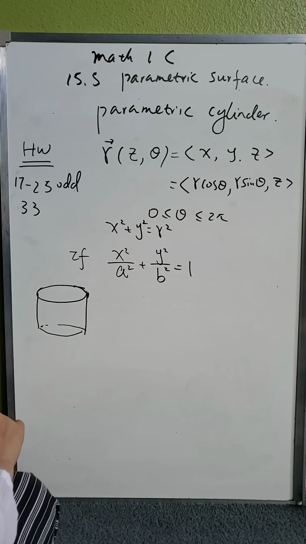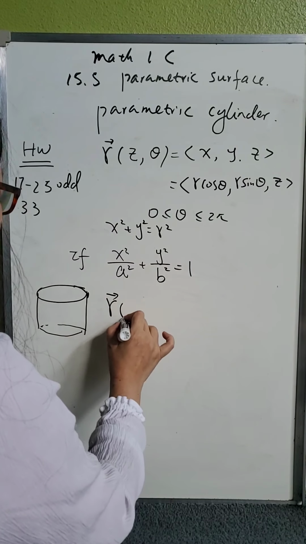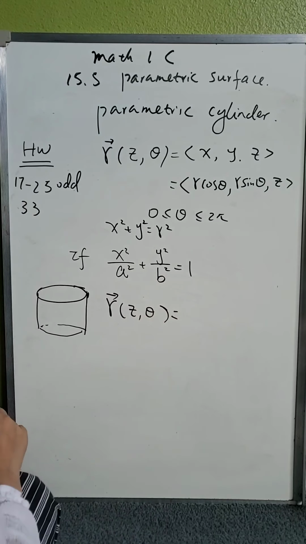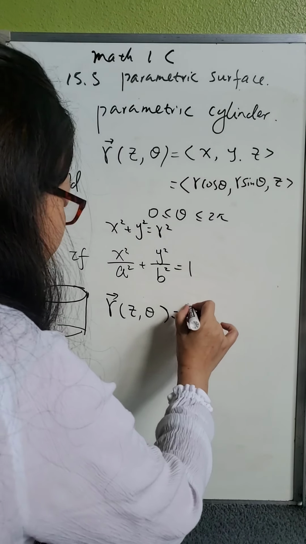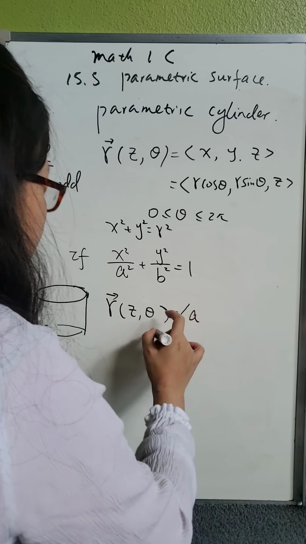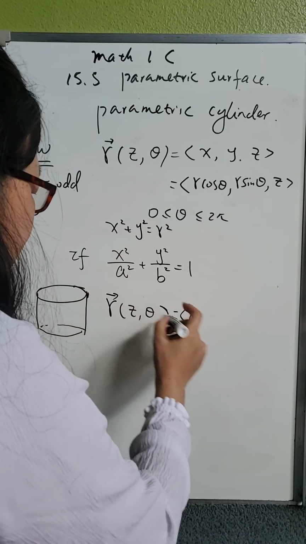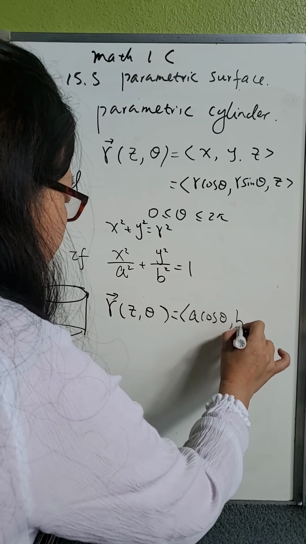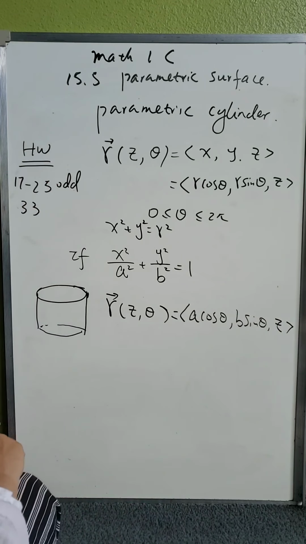In that case, how do you parameterize it? I'm still going to use this one, but this time you are not going to have the same r here. Instead, you have a underneath the x, so it's a cosine theta, and then b sine theta, and then z. So you're going to have this.